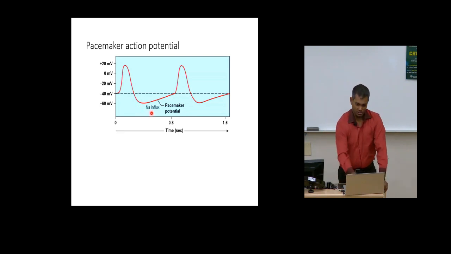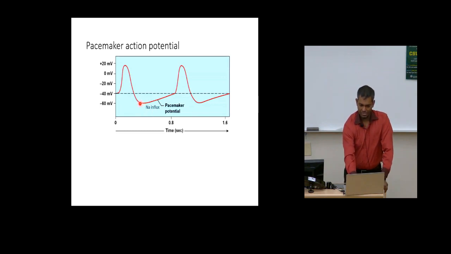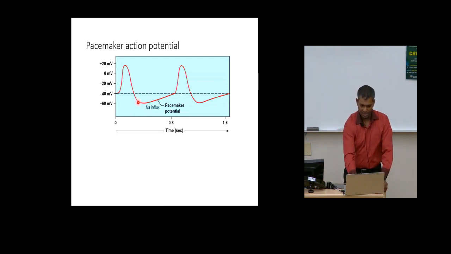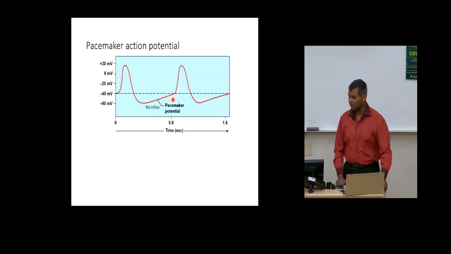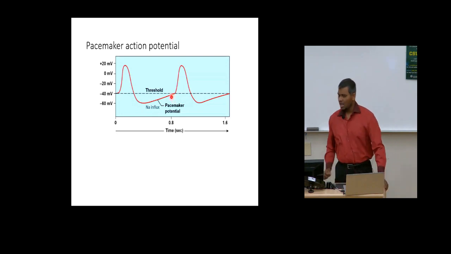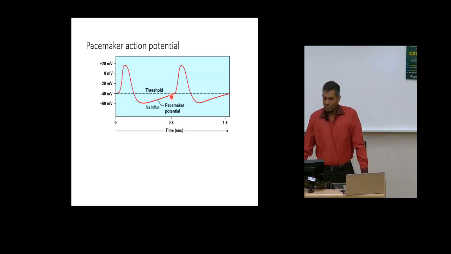The reason there is sodium influx is that previously there has been a hyperpolarization, and that is causing these voltage-gated sodium channels to open, and that's why there is gradual sodium influx. And the sodium influx will eventually cause a threshold to be reached. And when this threshold is reached, we will have the opening of voltage-gated calcium channels.